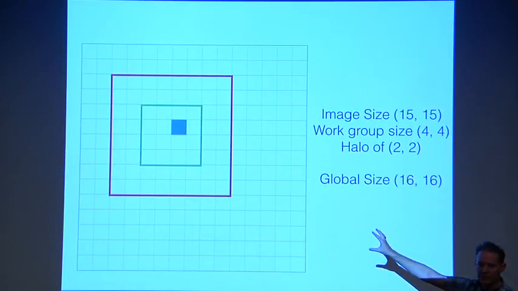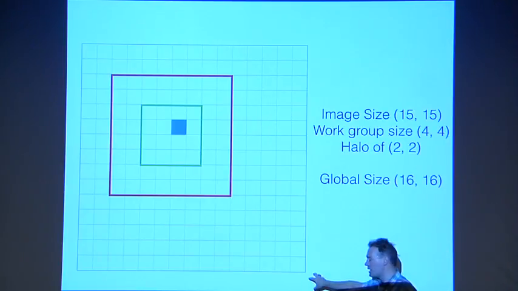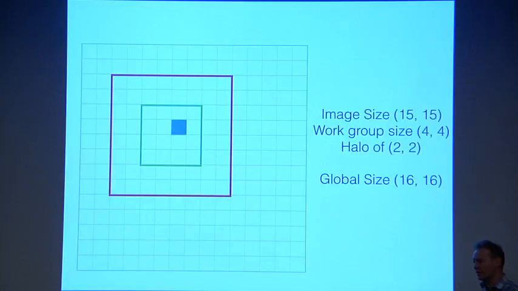The red square is the information we need for the workgroup. The workgroup is limited to the green square in terms of the pixels it's going to output. And our global size then will be 16 by 16, so it'll extend off, and that's a function of the work size being 4 by 4. We're going to have 16 groups to cover the 15 by 15.